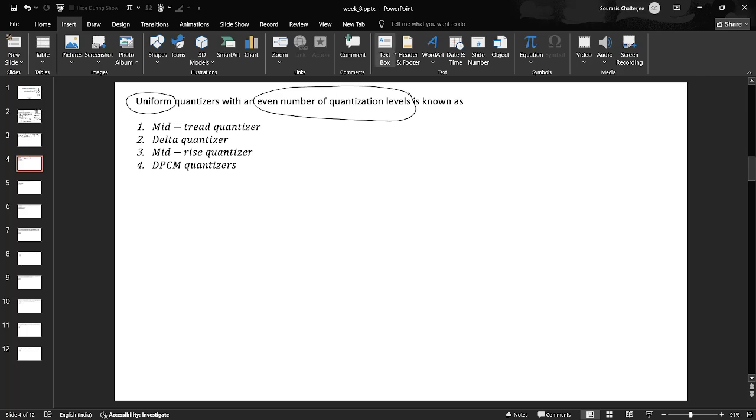So we are talking about a quantizer which has two features. One of them is that it's uniform, and the second feature is that it has an even number of quantization levels. So let us see what we mean by a uniform quantizer.